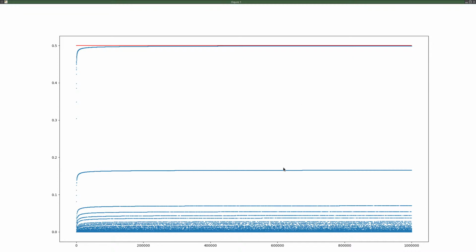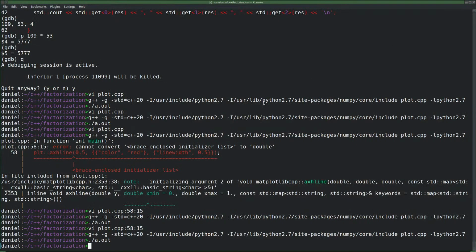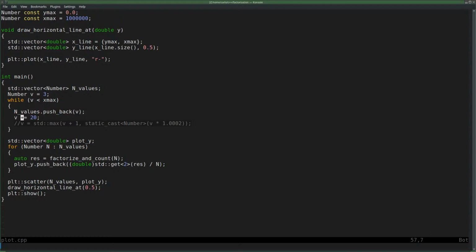And what about this one? Well, that is 1/6. I can draw a horizontal line. For that, let me even make steps 10 times as large. And I want to draw a line at Y. So half divided by 3, that's 1/6.